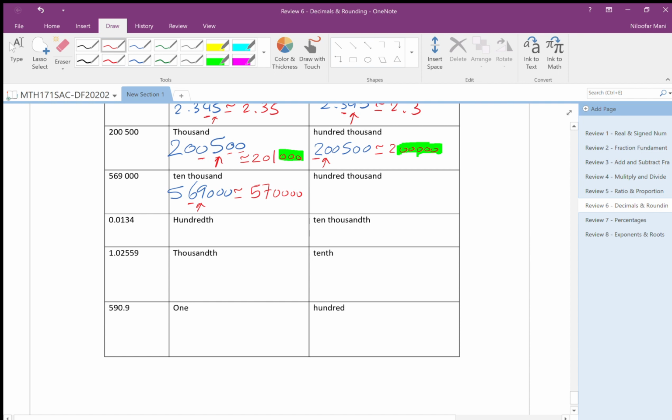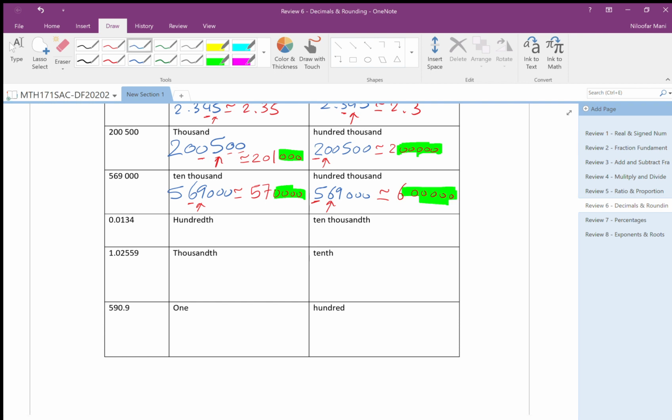And yes, this is all those zeros that you have to add. So 100,000. So it is 5 6 9 0 0 0. So 1, 10, 100, 1000, 10,000, 100,000. So this one is 100,000. I underline the next one, so it is almost 600,000.